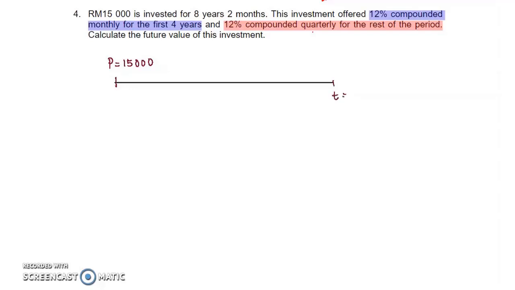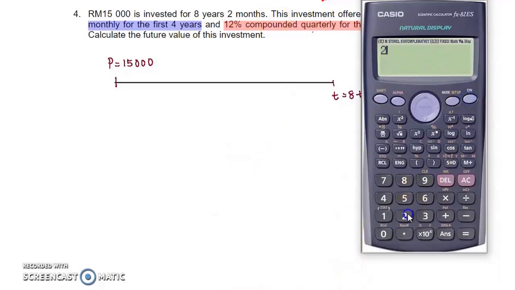So T here is 8 years 2 months. So 8 years 2 months is 49/6. Or if you want to use decimal points, you round off to up to 4 decimal points.